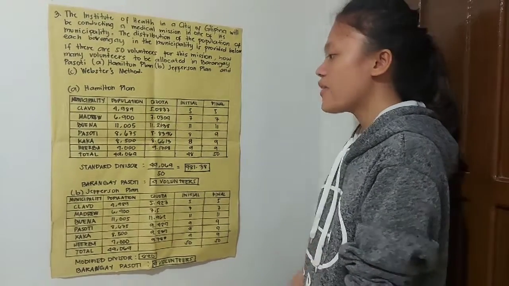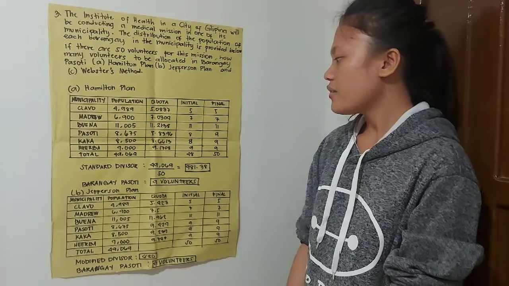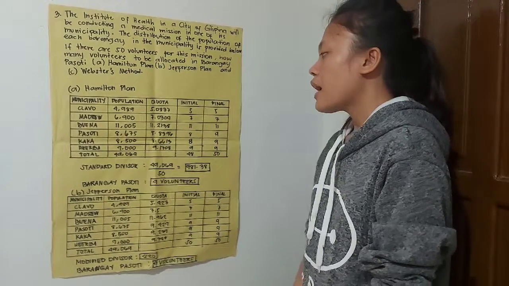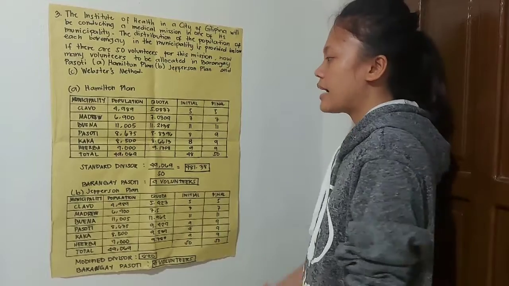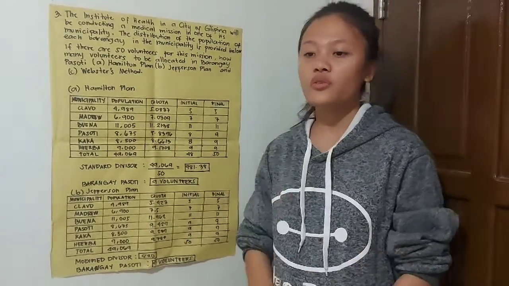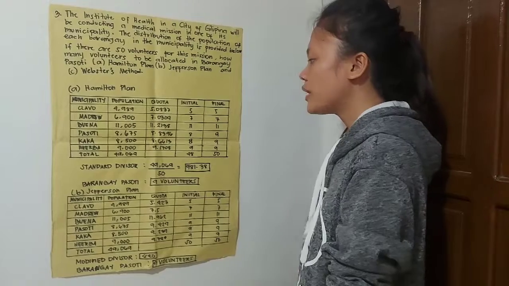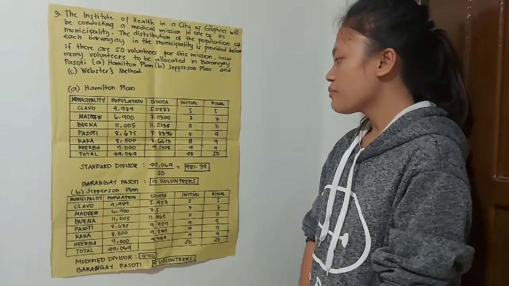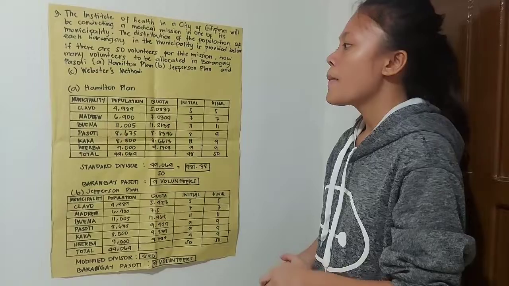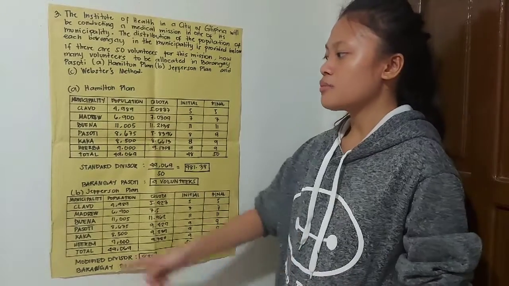The Pasate, we have 8. And the Caca, we also have 8. And the Hirba, 9. In total, that is 48. But the problem is we have 50 volunteers. So how can we have 50 volunteers in these municipalities?